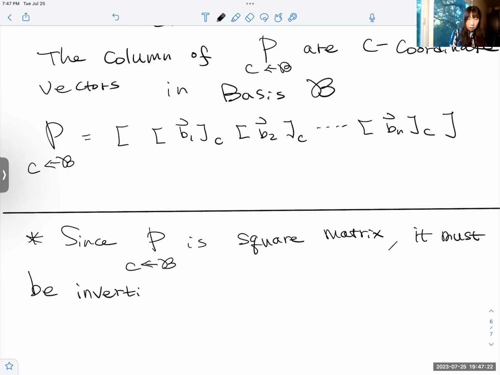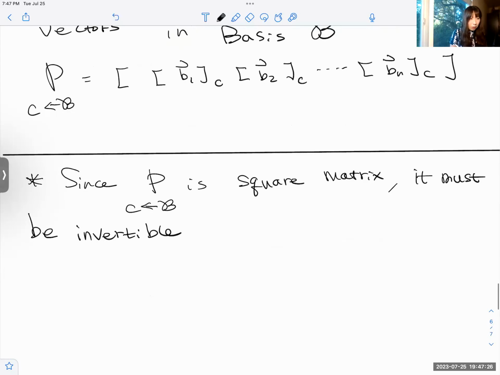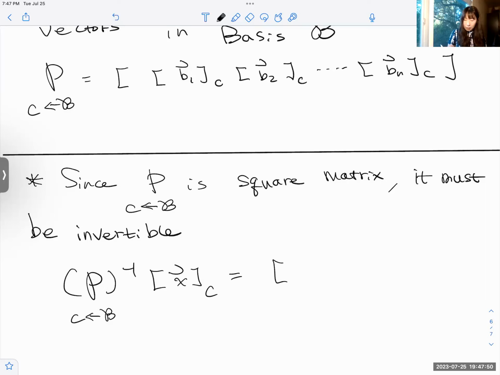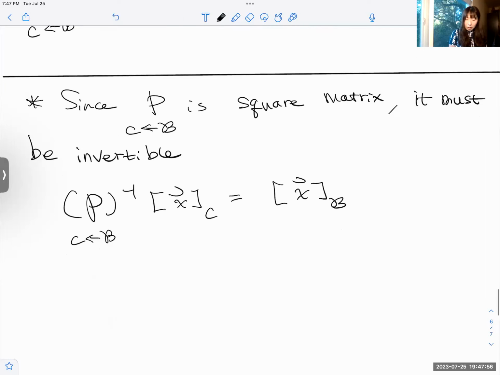Okay, then we can use this notation: the inverse of the change of coordinate matrix from B to C, multiplied by the C coordinate of vector X, is the same as the B coordinate of vector X, right? So this is equivalent.